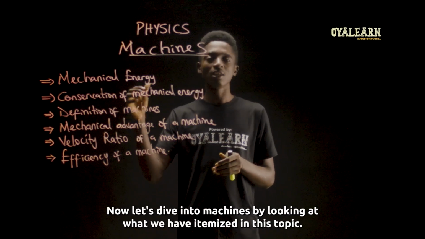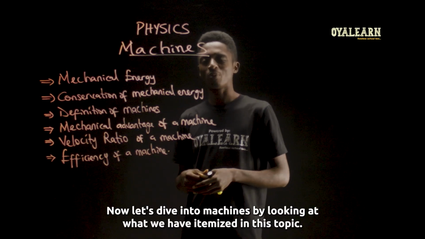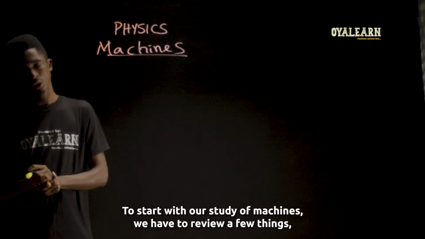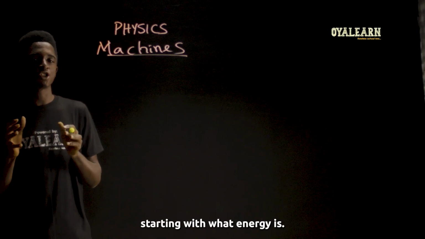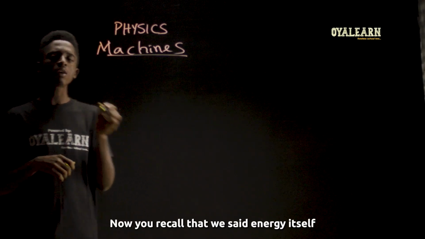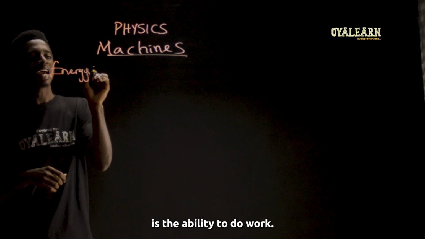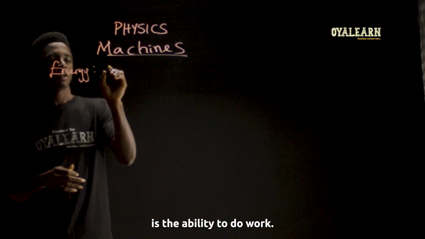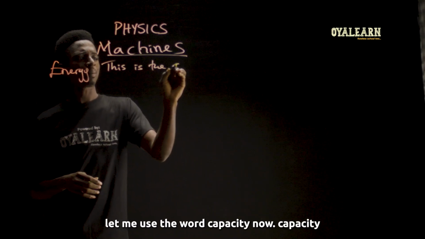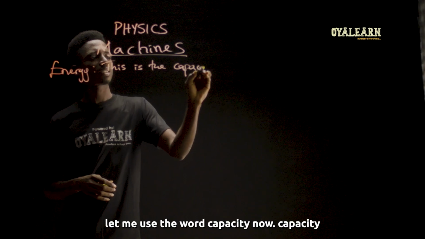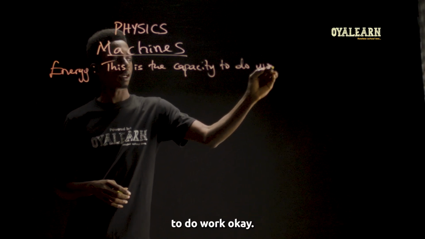Now let's dive into machines by looking at what we have itemized in this topic. To start with our study of machines, we have to review a few things, starting with what energy is. Now you recall that we said energy itself is the ability, or let me use the word capacity, to do work.